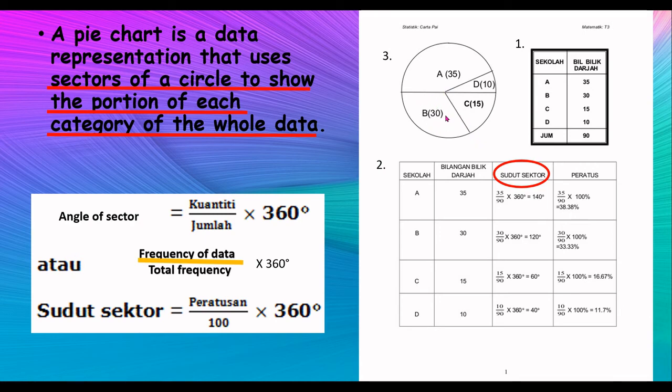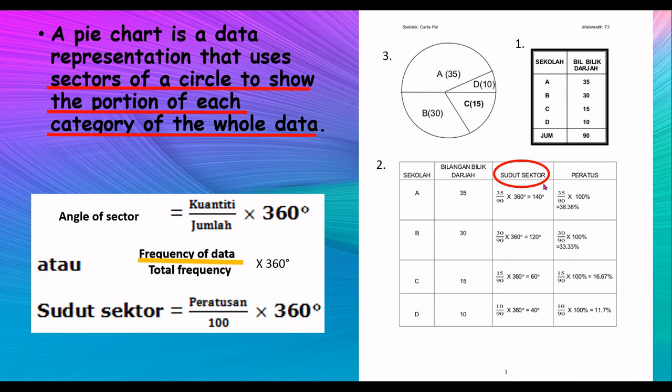So these represent the portion of B. That's why you learned how to draw angles using the protractor in the previous chapter. Okay, so this is how we construct the pie chart. A pie chart seems very neat, sangat kemas, because they put all the information in one circle, but they need calculation.